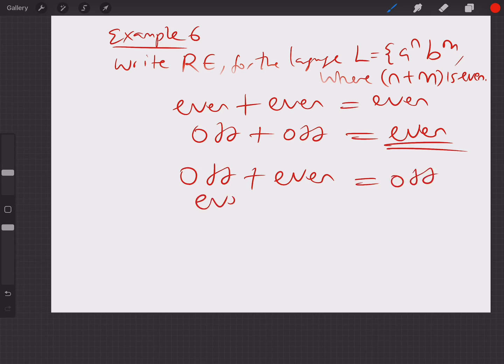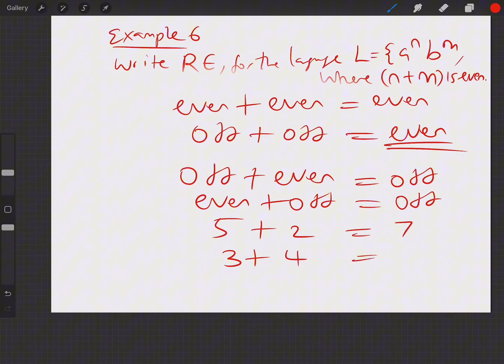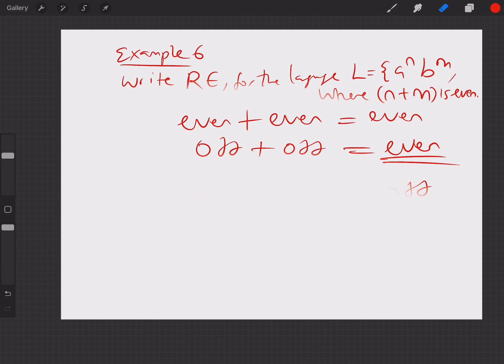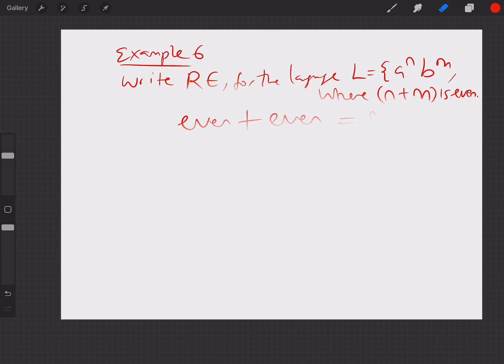Even plus odd, you have odd. For instance, 5 plus 2 is what? We have 7. 3 plus 4 is what? We have 7. 6 plus 3 is what? We have 9. So these are odd numbers. Because we have odd numbers, it fails the condition that says n plus m must be even.